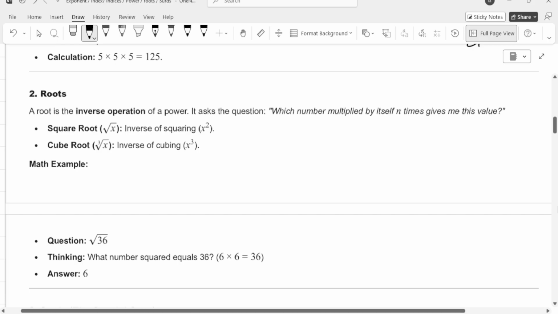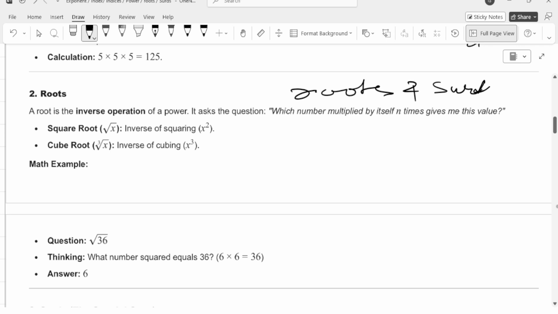Now the difference between roots and surds. So what are roots? Roots are the inverse operation of power: which number multiplied by itself n times gives the given value.